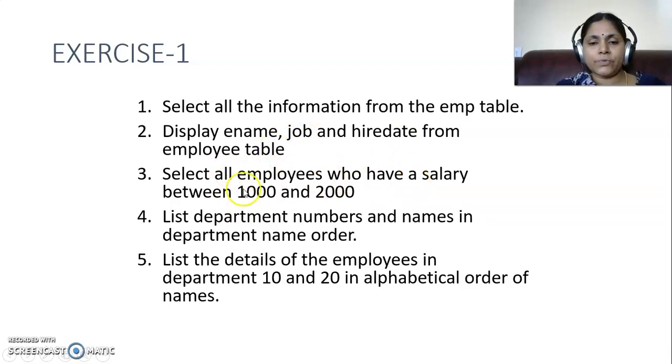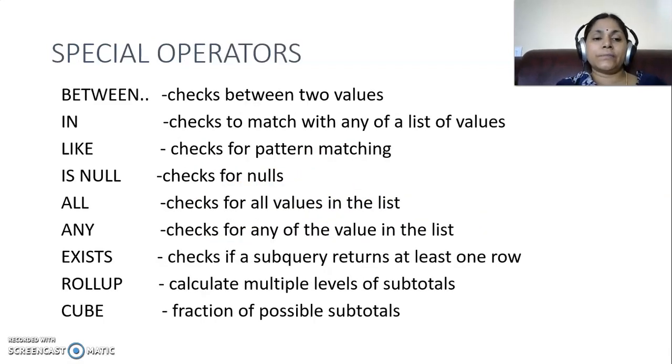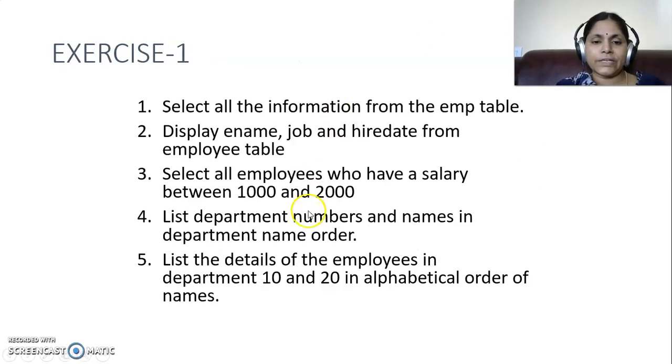Select all the employees who have a salary between 1000 and 2000. For this we need to use the between operator, because we already studied what a between operator is. So what I should write here is select star from EMP where salary between 1000 and 2000.